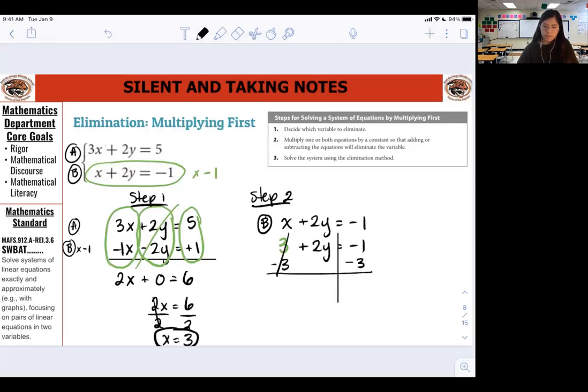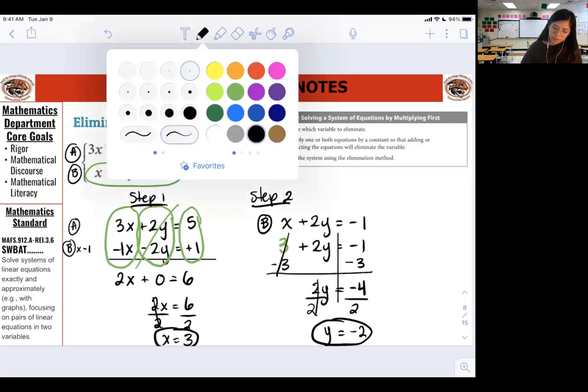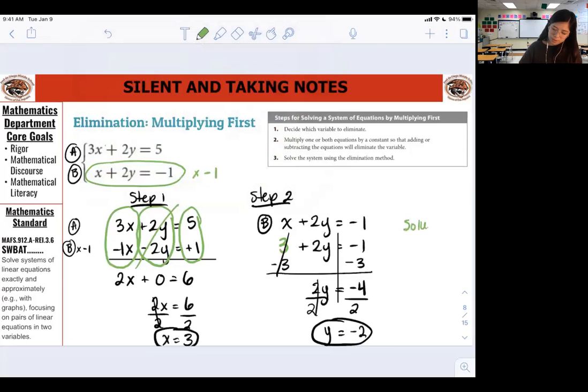So I have 2y equals -4, and then I divide both sides by 2. What's -4 divided by 2? -2. Good. Final solution: 3, -2.